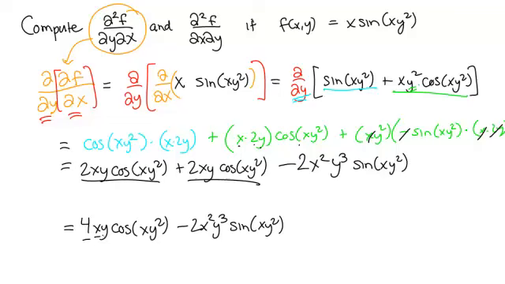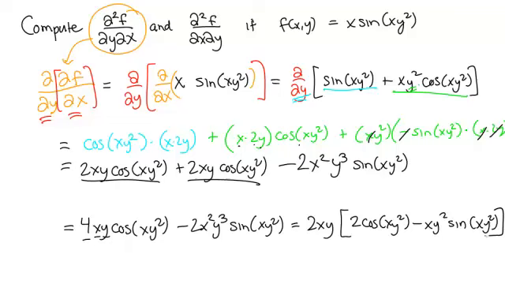And since there's a 2xy I can pull out of all these guys, I'm just going to. And so we'll have 2xy times 2 cosine of xy squared minus xy squared times the sine of xy squared. Whoo, Nelly. One second order partial derivative down.